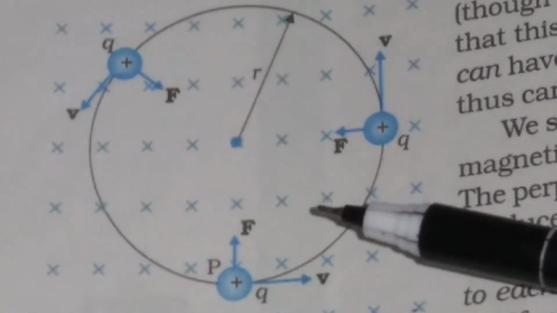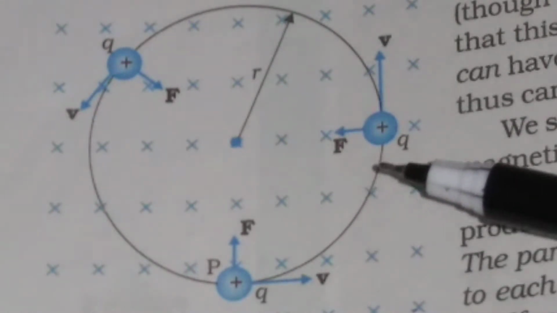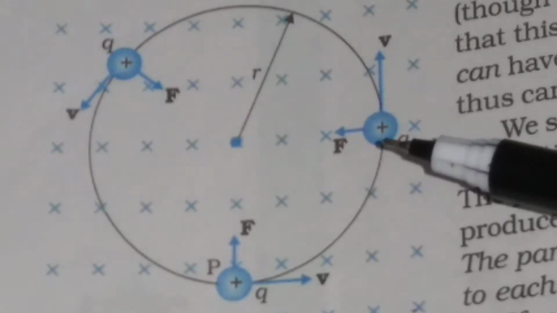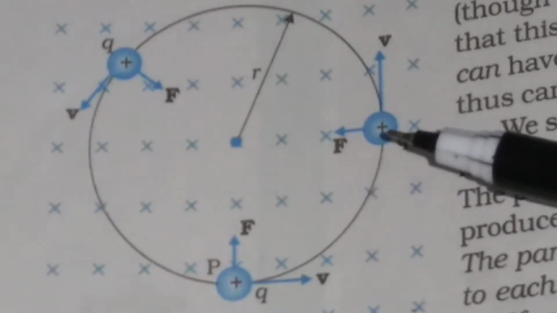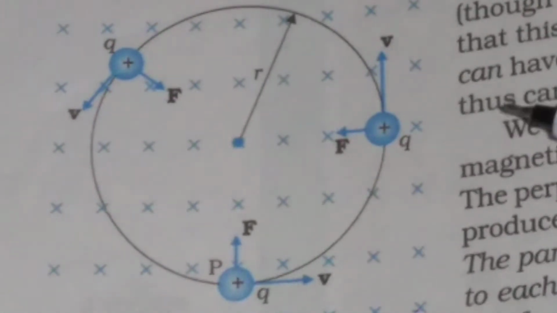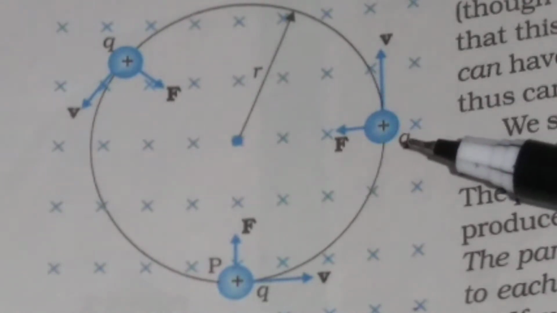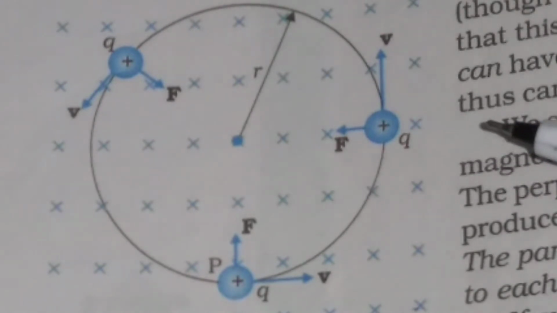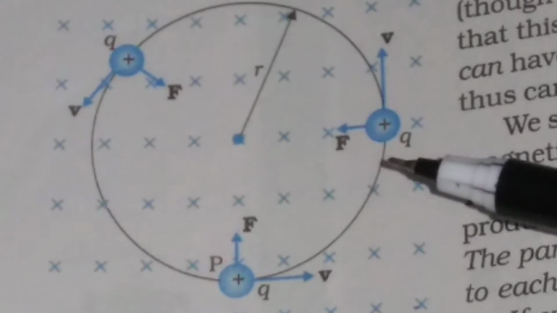Look at this figure. In this figure, suppose the cross symbol represents the direction of the magnetic field along the positive direction of the x-axis. Suppose this is the positive direction of the x-axis in the plane of the paper.